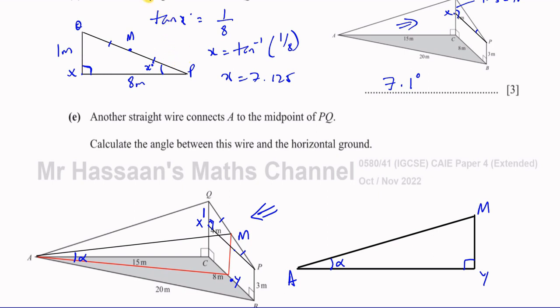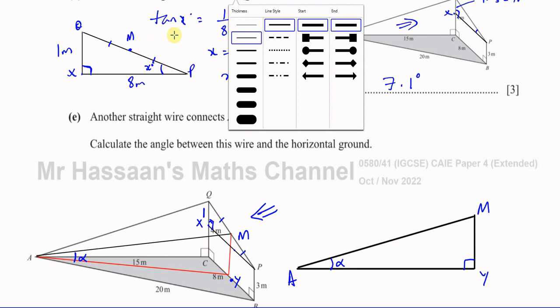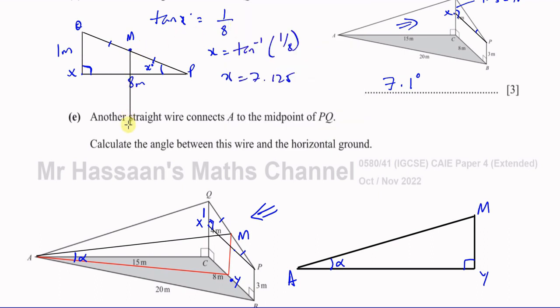We don't know what that length is. Then you have this line coming straight down, which goes down to Y. Y is at the bottom here. Now I know that from Y to this point here is 3 meters, so Y to somewhere up here is 3 meters.